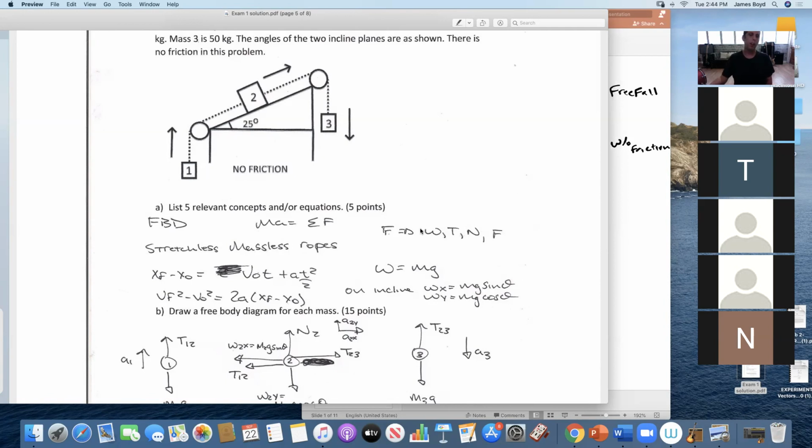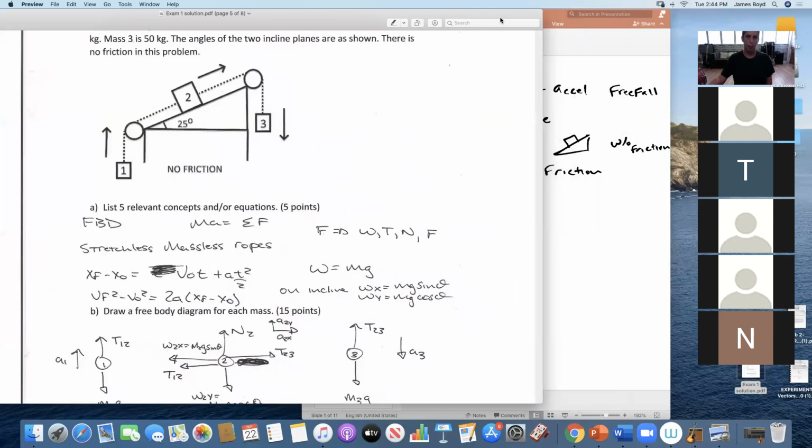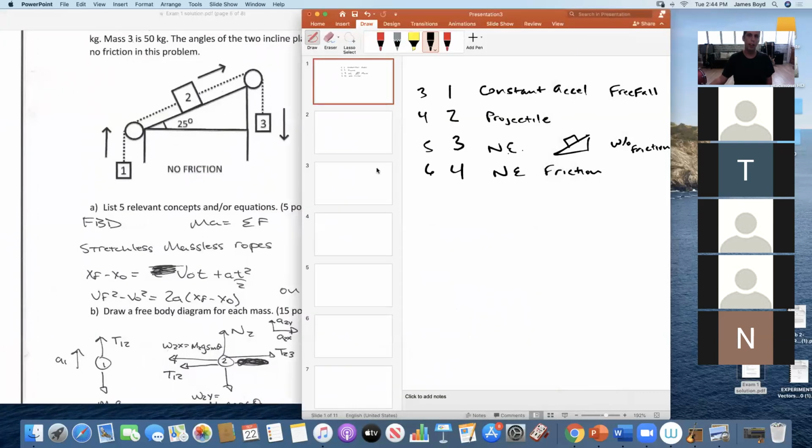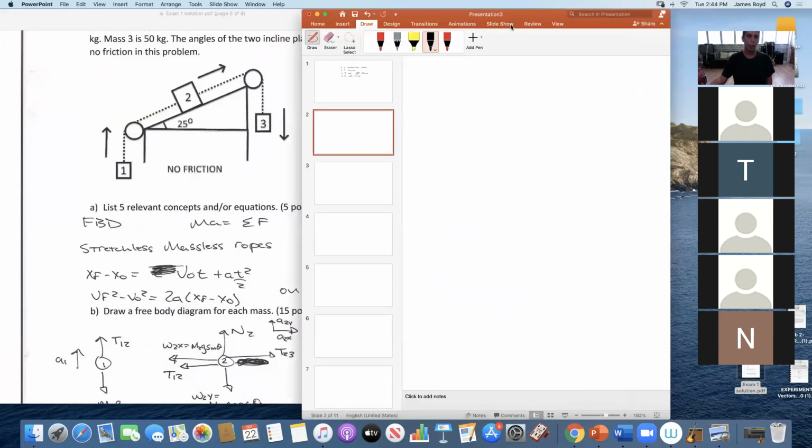So the first thing we do on these types of problems, the first thing I'm always going to ask you for is a free body diagram. And a free body diagram, what you do is you draw it with these things. A free body diagram has to have 3 things.